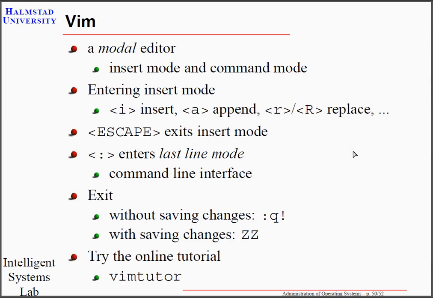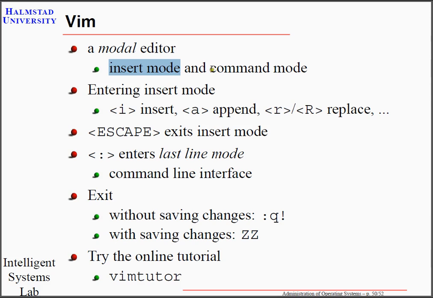Now, in general, editors like Nano are pretty simple, but there are a number of more complicated tools. One which is worth looking at, although it's pretty complicated, is Vim, where vi was the original version of it. The interesting thing about that one is that it's a modal editor. So it has two different modes.